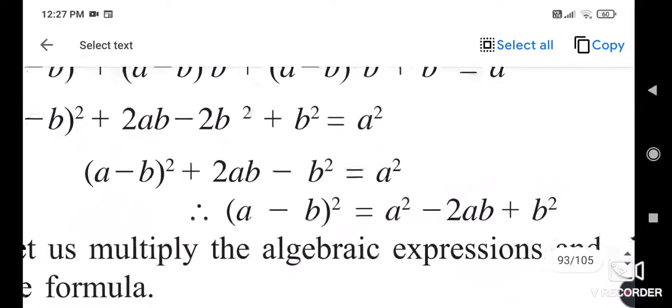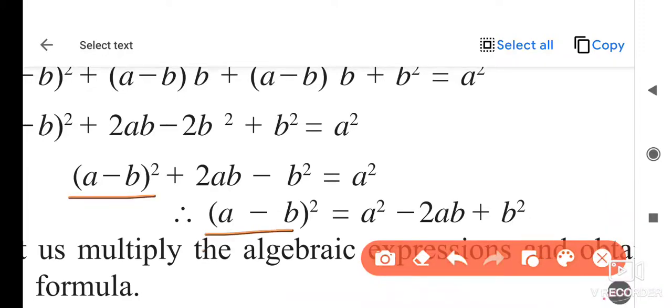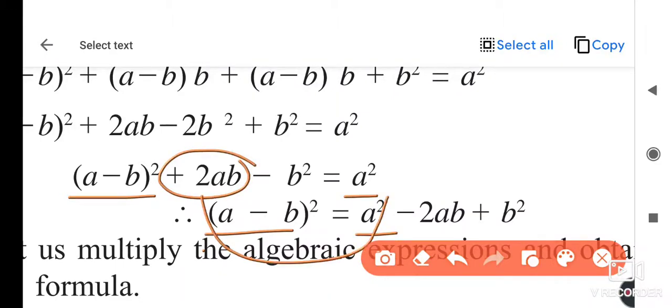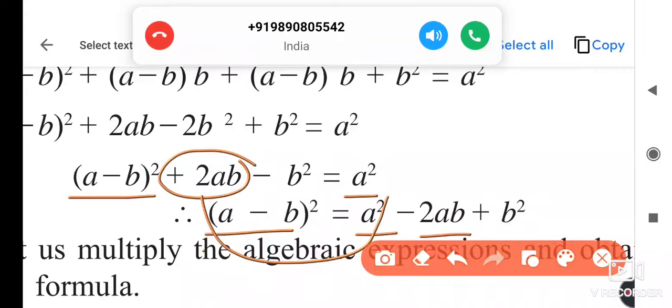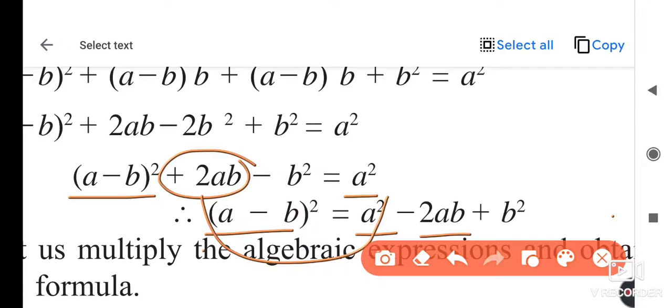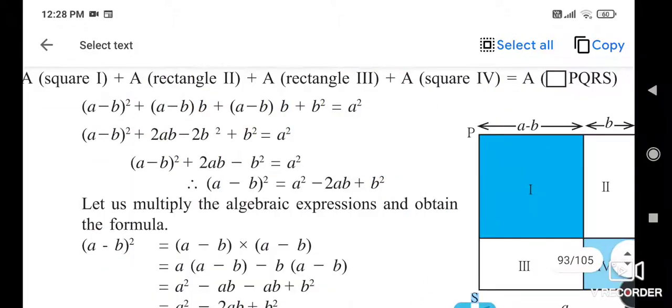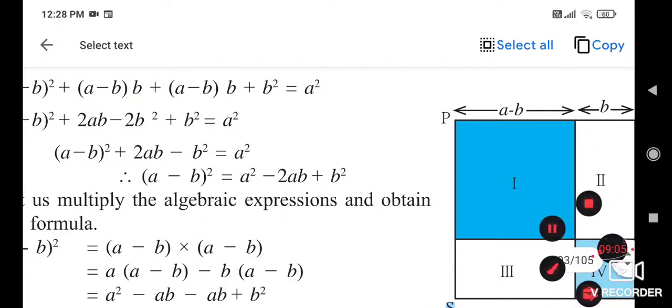Then we got (a minus b) square kept here as it is, and a square as it is. This 2ab is positive, it will change sign to negative because it is moving from the left side to the right side. So minus 2ab plus b square. In this way we got the factorization of (a minus b) square.